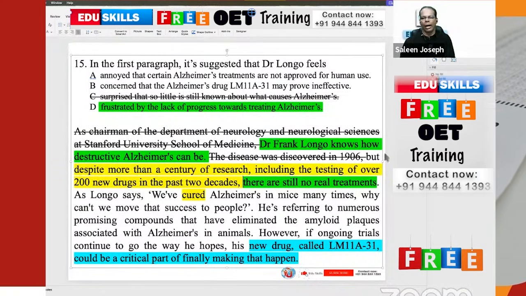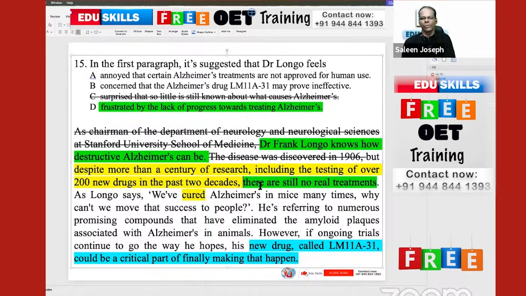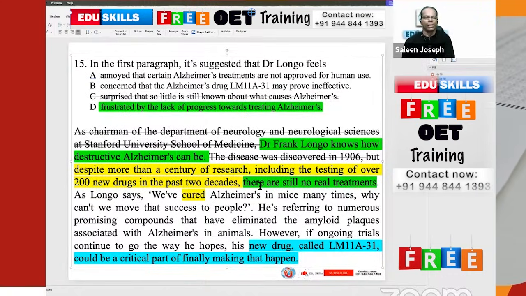This as a whole, after the contrast word, is a complex sentence. A complex sentence usually starts with despite, although, even though. Even inside this complex sentence, this is again a complement.